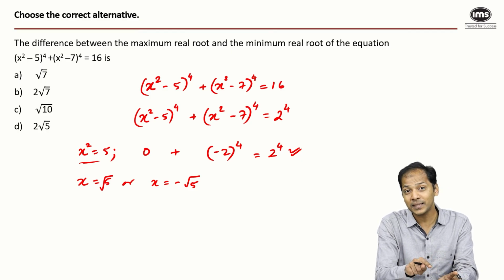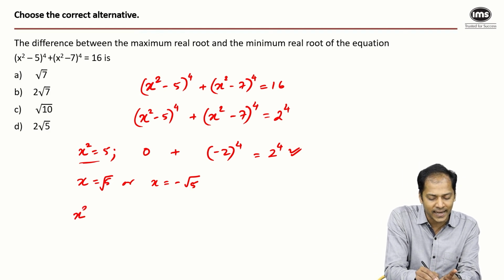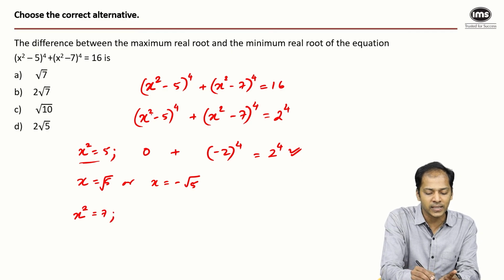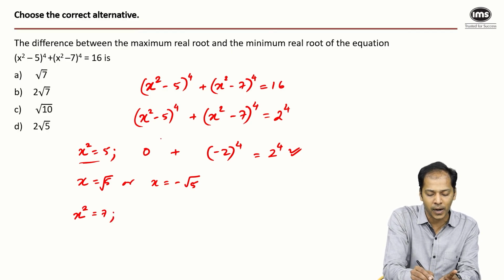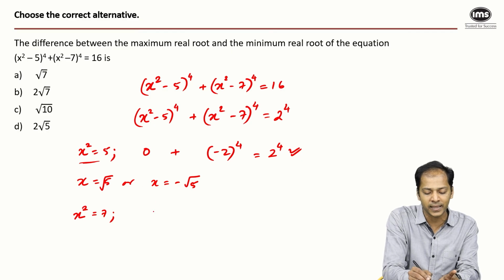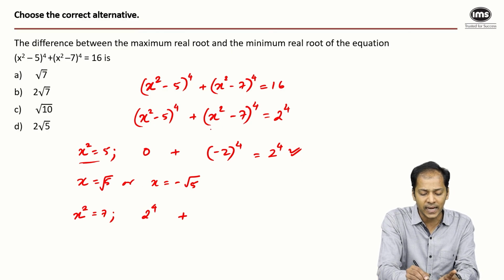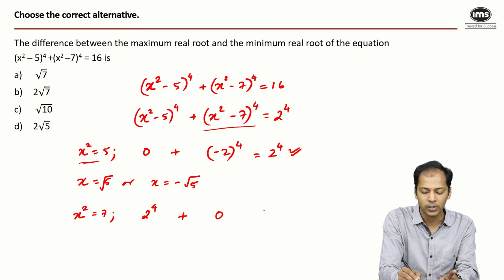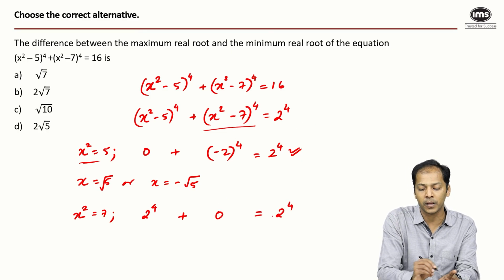Further, if I make the second one 0, that is x² - 7 = 0, does this also work? Let's check that as well. If I take x² = 7, the first part of the equation would become (7 - 5), that is 2⁴, plus the second part, 7 - 7, that is 0, and it will be equal to 2⁴.